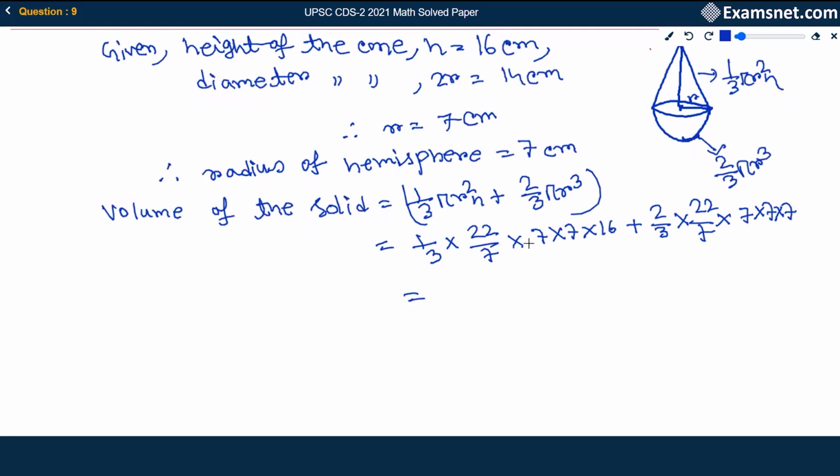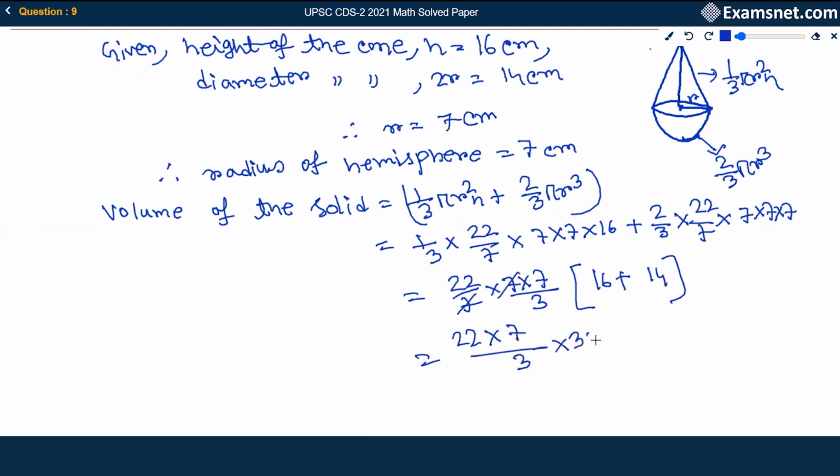Here we can take common 22 by 7, 1/3 and 7 square also. So let's take out all the common terms. So here we will be left with 16 plus 14. It becomes 30. So the answer is 1540 centimeter cube.